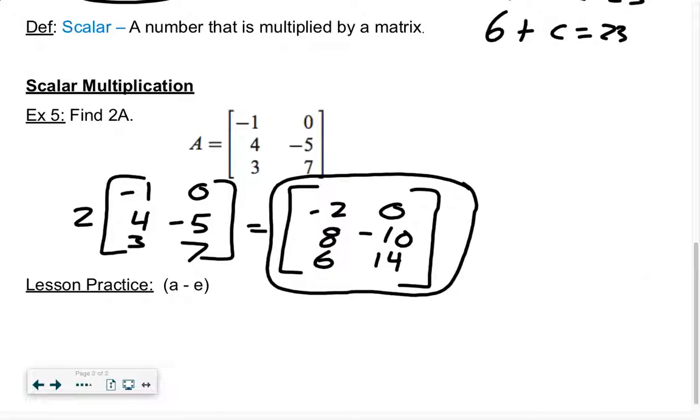In the homework, you are going to have problems like this. And they're going to give you matrix A and B. What you have to do is you need to multiply those matrices first, then add the 2 together. Multiply first, then add.